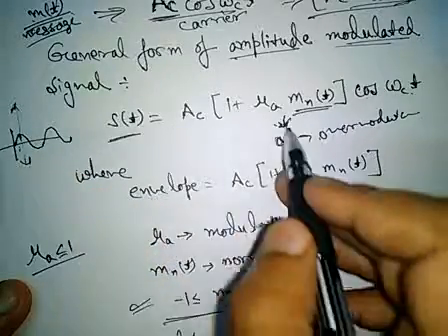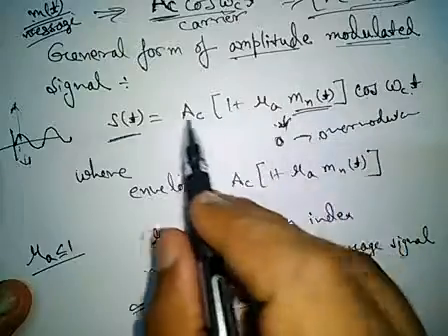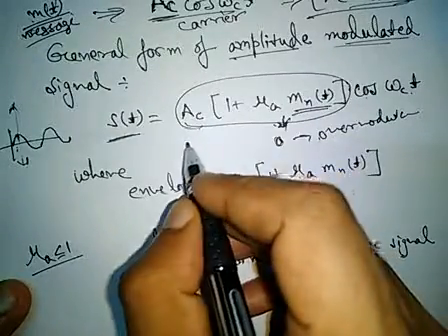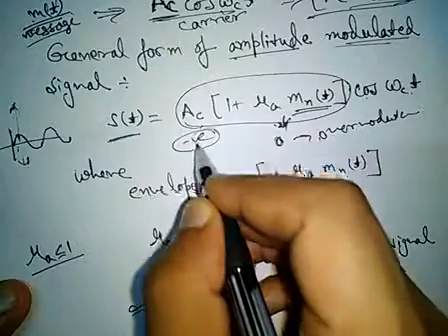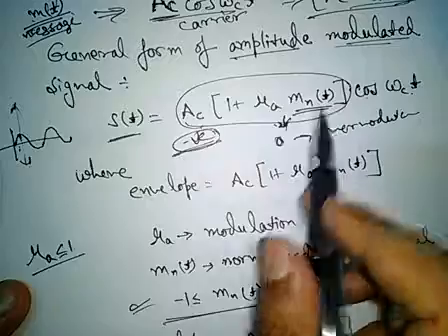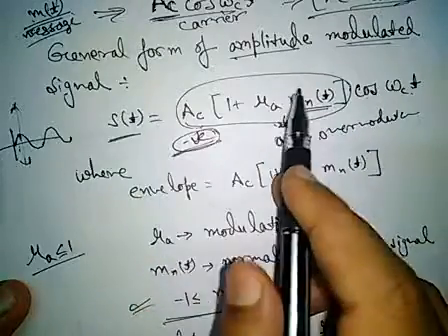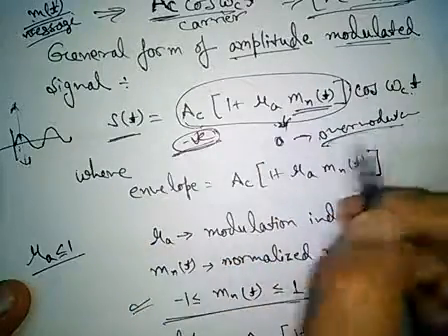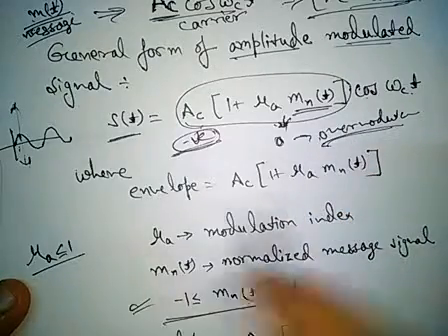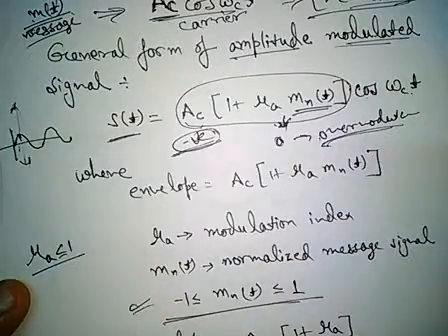This should not happen: the complete envelope becomes negative in any manner. It should never be negative. So this is the concept of overmodulation. I will come to the overmodulation concept in some other videos; here I will not go deep into it.